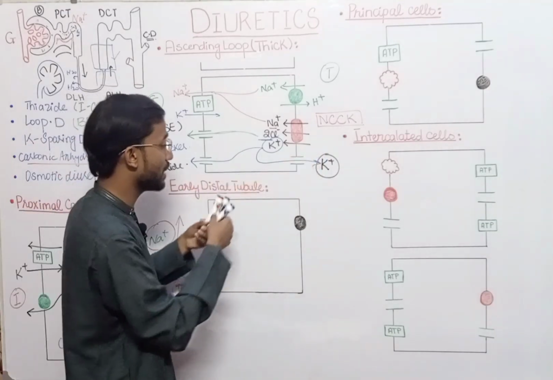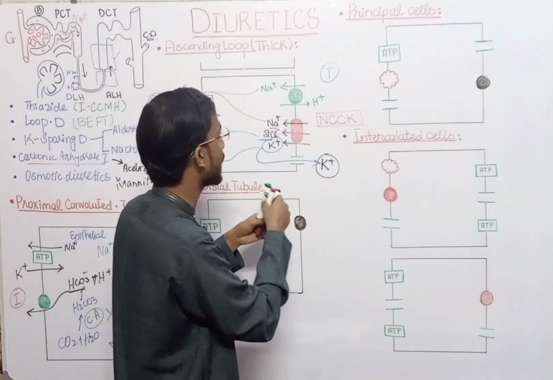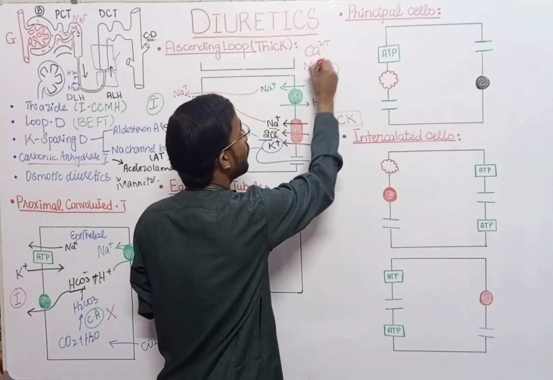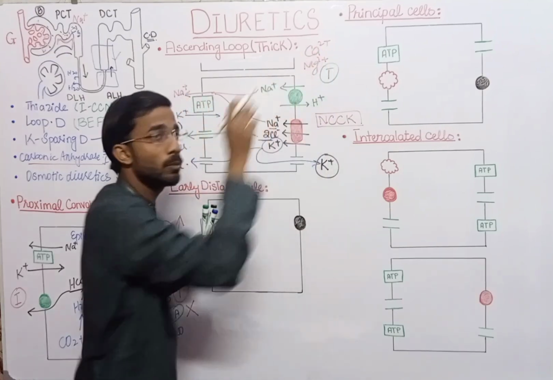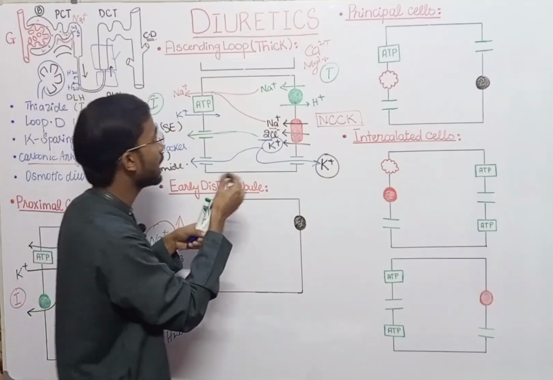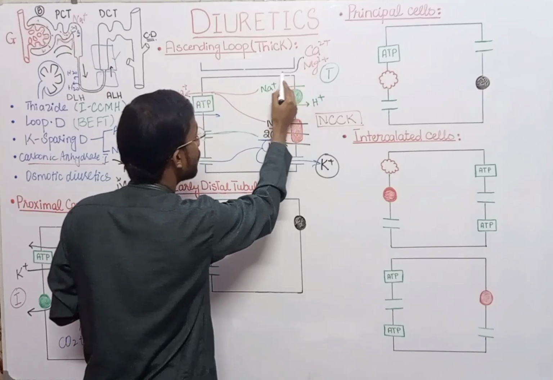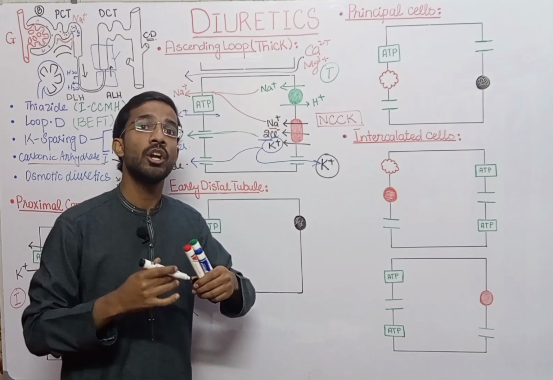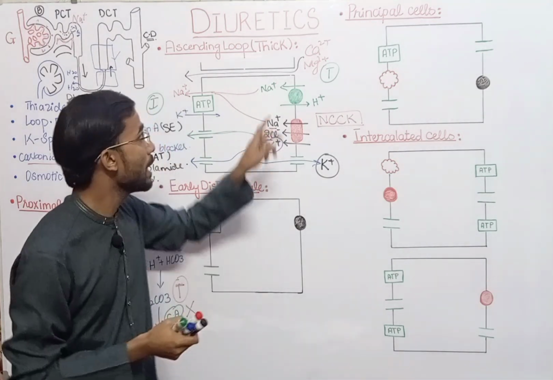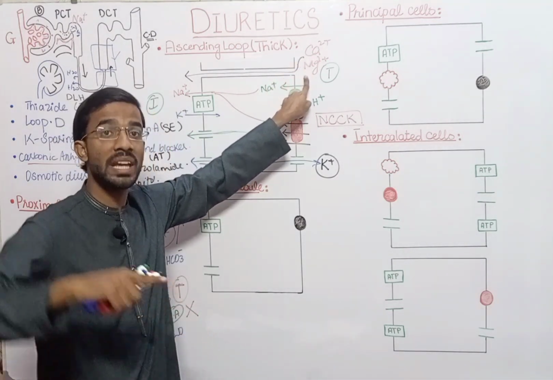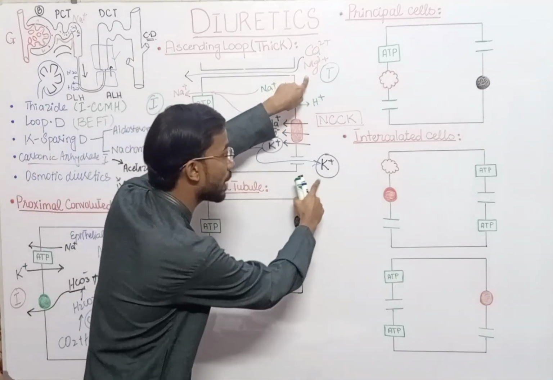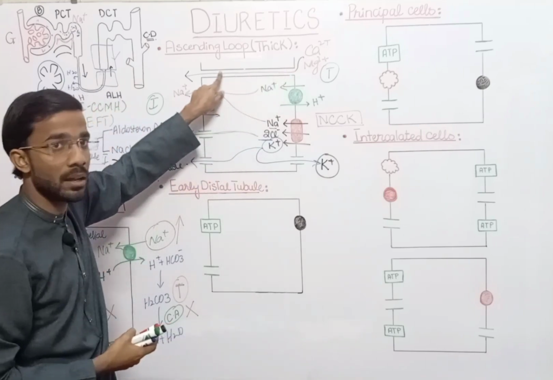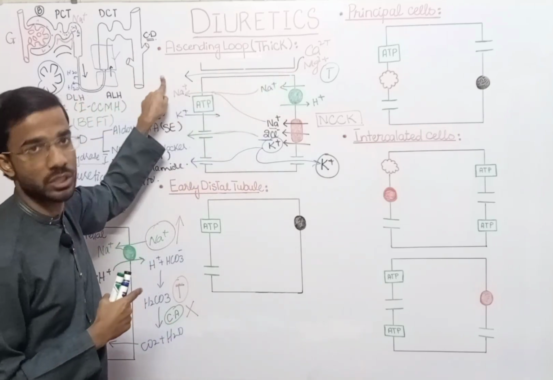Then other ions like calcium and magnesium, which are already present in the tubular lumen, will move through the paracellular space into the interstitial space. The space between two cells is called the paracellular space. Due to the excess positivity caused by the potassium, calcium and magnesium move through the paracellular space into the interstitial space.